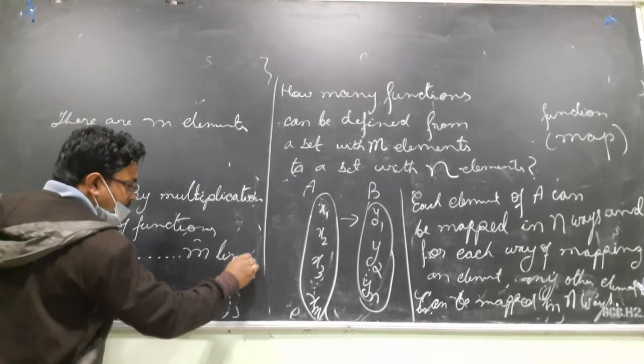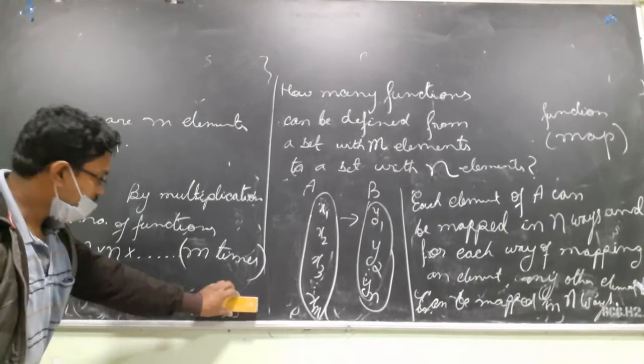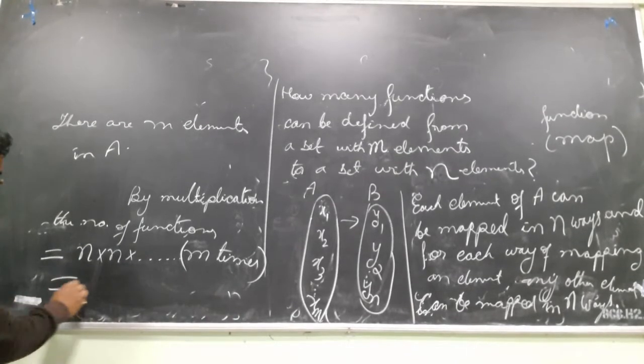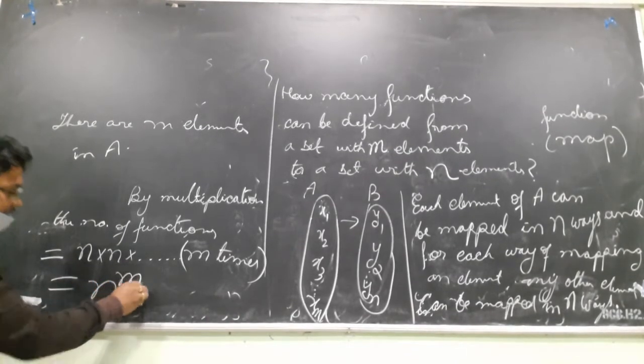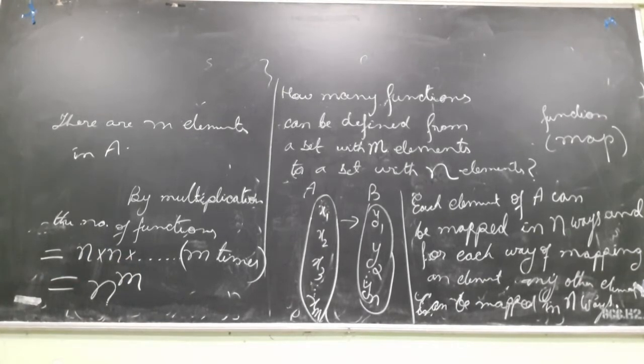Exactly m times. So if n is multiplied m times, the answer is n to the power m. So this many functions can be defined from a set having m elements to a set having n elements.